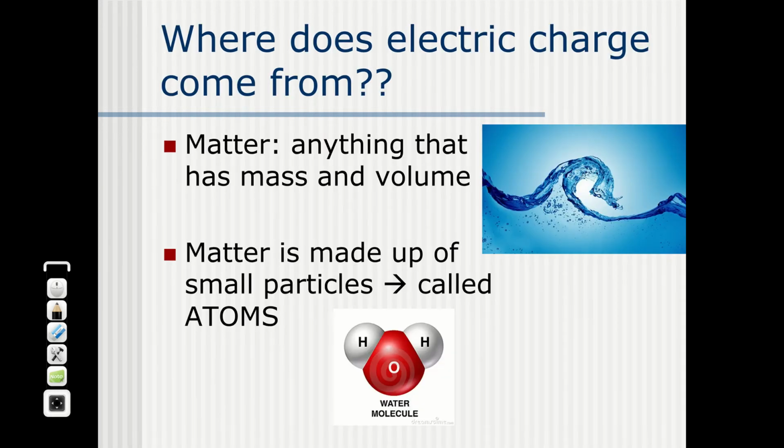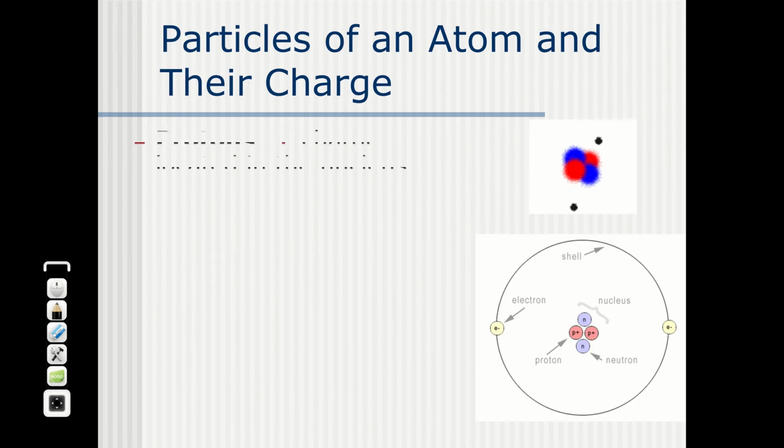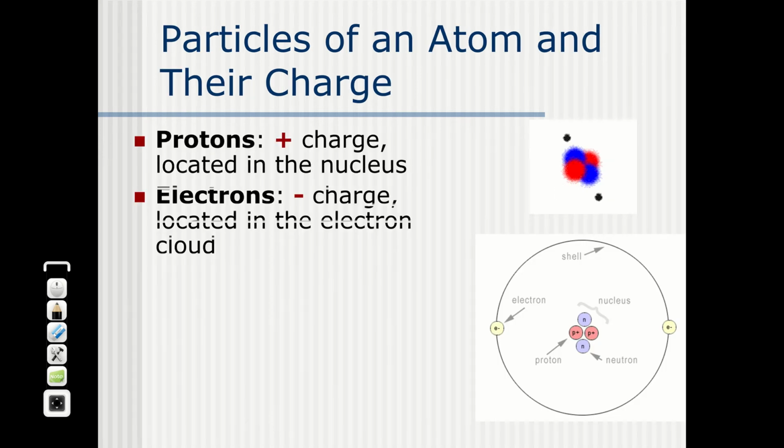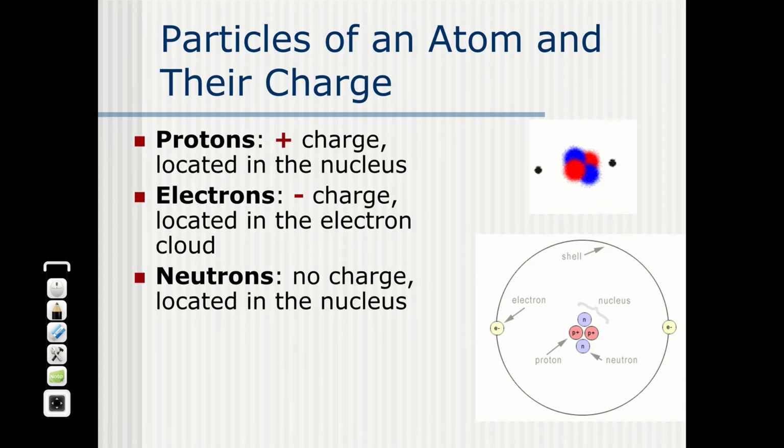So where does this electric charge come from? We've already talked about this, so this is kind of review. Matter is anything that has mass and volume. And the matter we know is made up of small particles called atoms. And in these atoms, we have the particles, protons, neutrons, and electrons. Protons being positive, electrons being negative, neutrons being neutral.